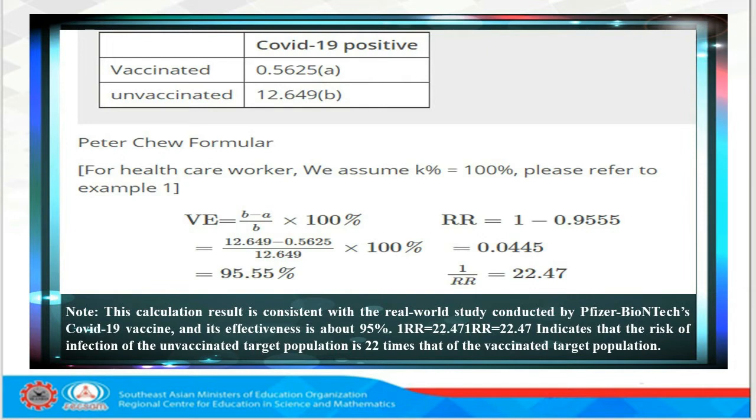Note, this calculation result is consistent with the real-world study conducted on Pfizer-BioNTech's COVID-19 vaccine, and its effectiveness is about 95%. 1 divided by RR equals 22.47 indicates that the risk of infection of the unvaccinated target population is 22 times that of the vaccinated target population.